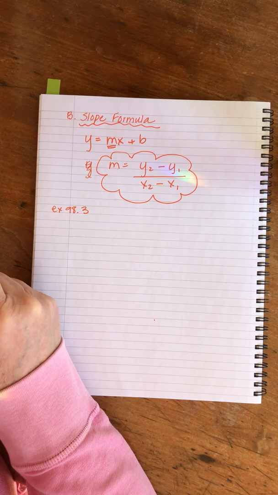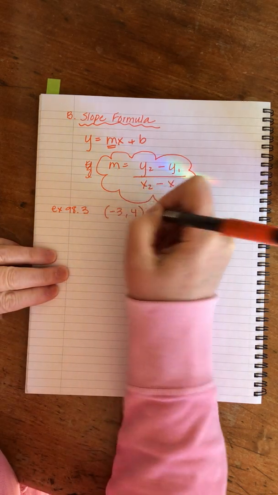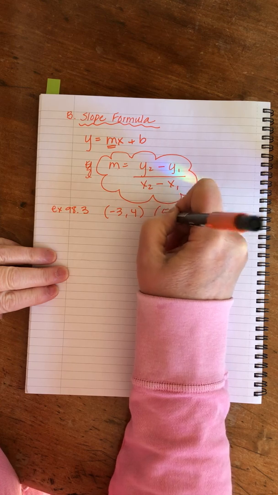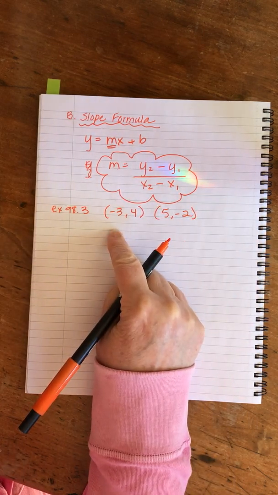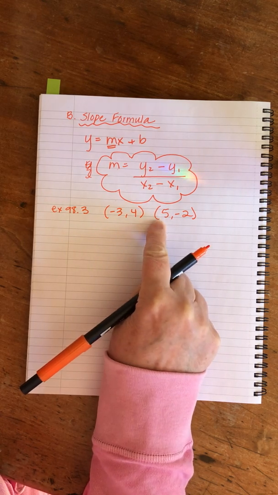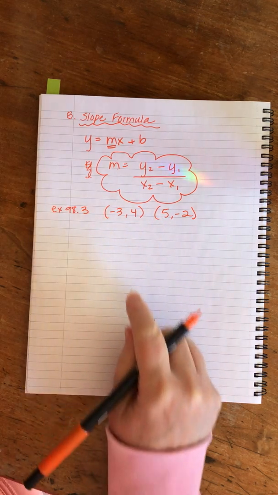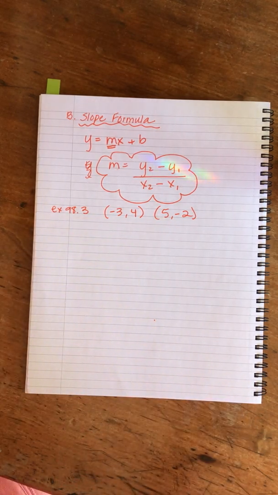Find the slope of the line that passes through the points -3, 4, and 5, -2. Oh, wait. Yeah, this is the exact same pair of points we used in the last problem, all right? This time, we're not trying to find the length of the line between those 2 points.